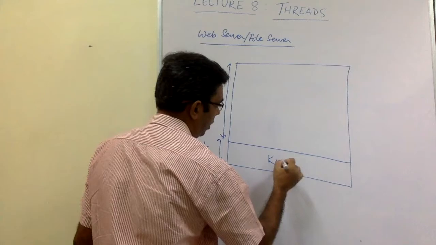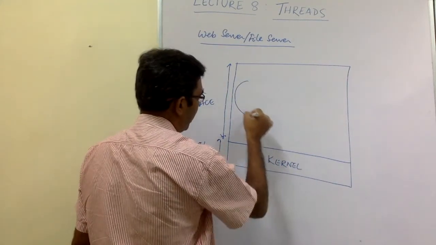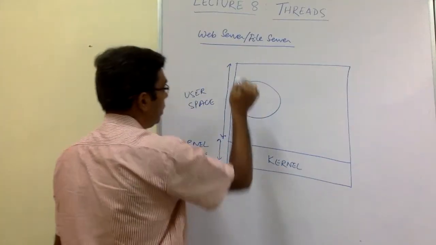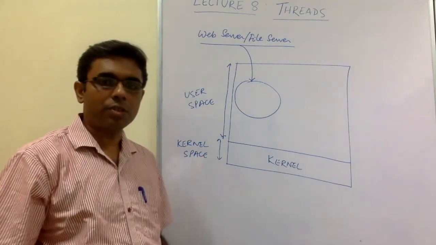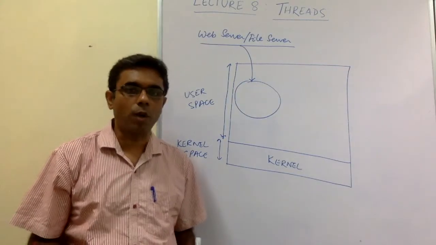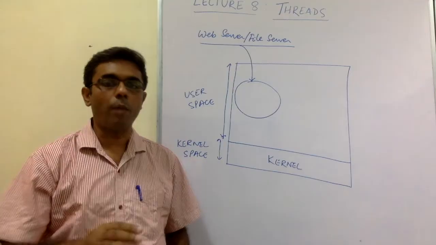So this is the kernel, and let us assume that in our system there is a particular process which is a web server. Web server means it's some kind of a process that is running in your system that will be able to provide certain web services.